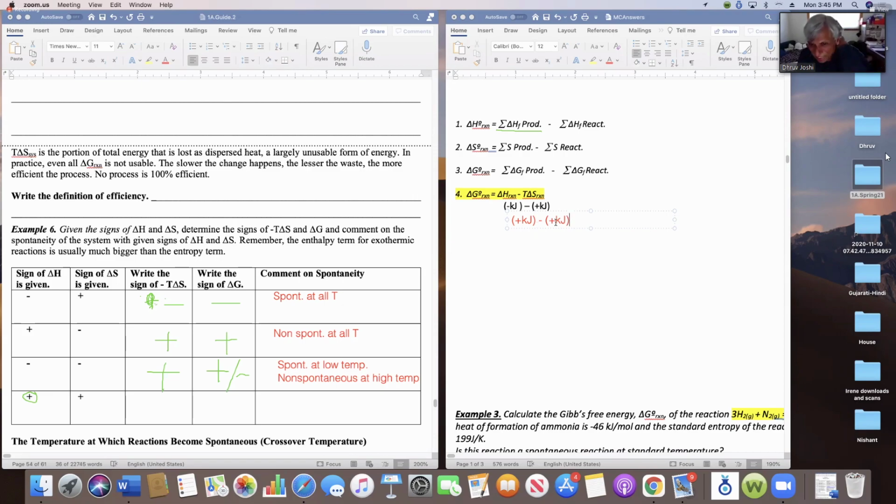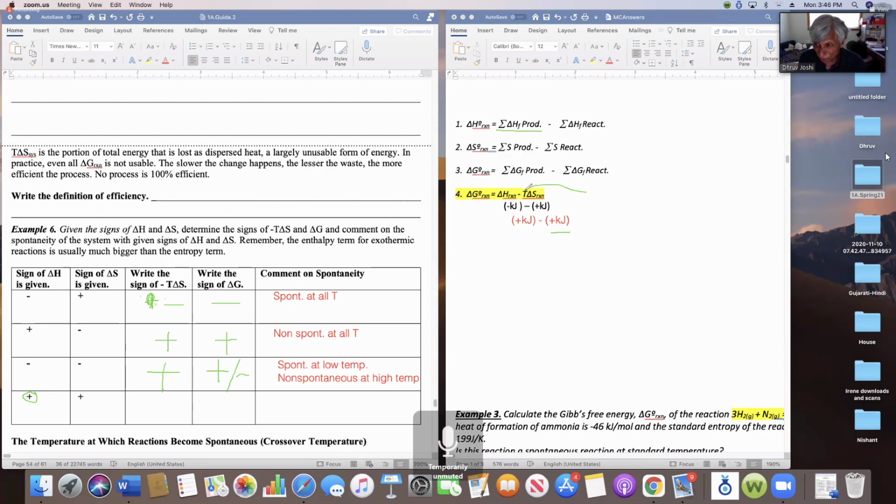So when is the T delta S value going to be effective? At what temperature? Higher temperature or lower temperature? That's what we are talking about, because delta S is multiplied by T. When would this T make this value bigger than this value?